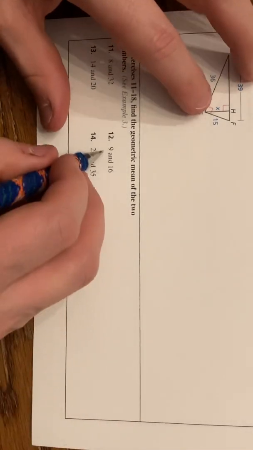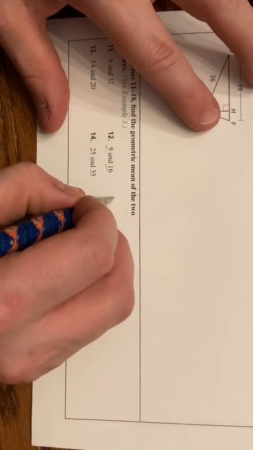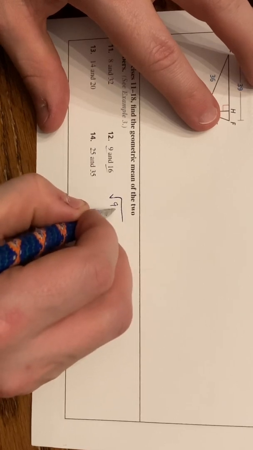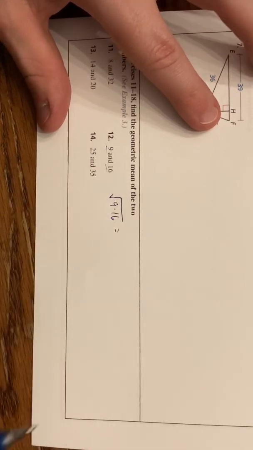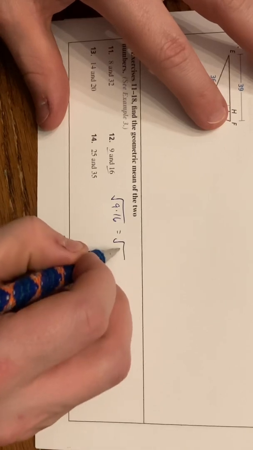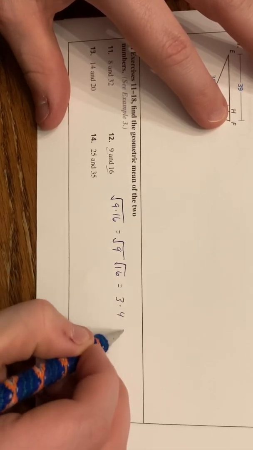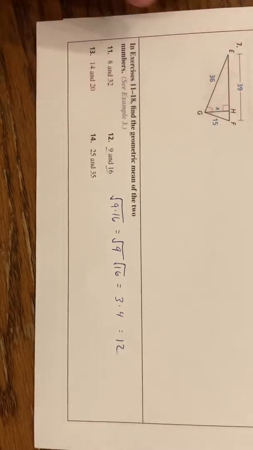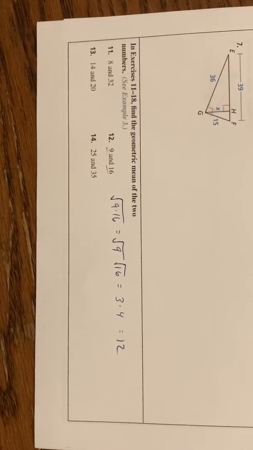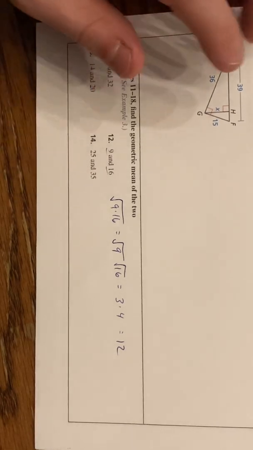Number 12, find the geometric mean of 9 and 16. We do square root of 9 times 16. That was actually pretty easy. You can separate that. There you go. That's just 12. Geometric mean of 9, 16 is 12. What about 25 and 35?